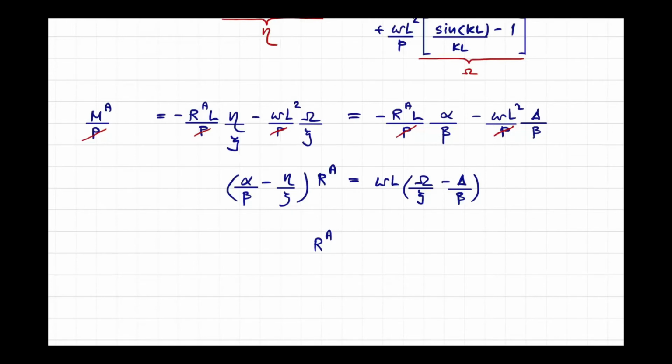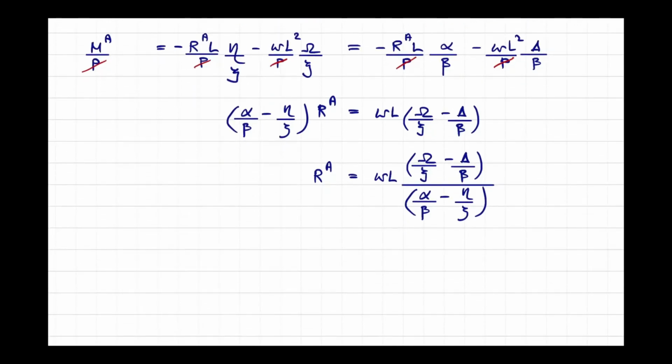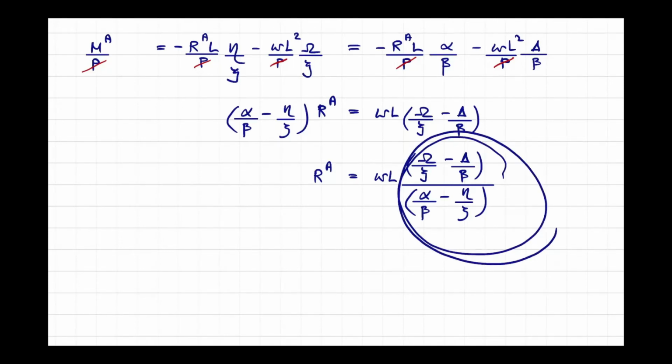Why did I write it? RA equals WL multiplied by this term over this term. Well, this was supposed to be 0.5.